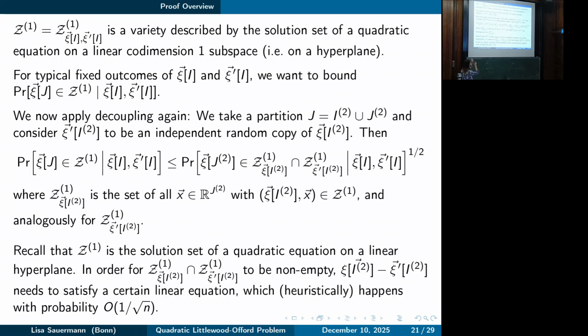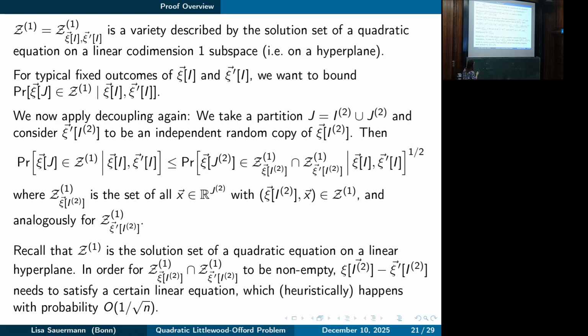For this intersection to be non-empty, this lies in a hyperplane and this lies in a hyperplane parallel to it, so these hyperplanes should coincide. If they are non-zeroly translated from each other, I have something inside here and something inside here, and I intersect, then it's empty.